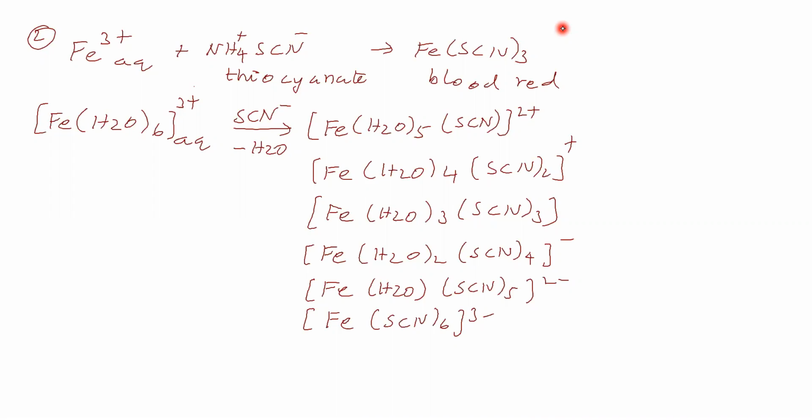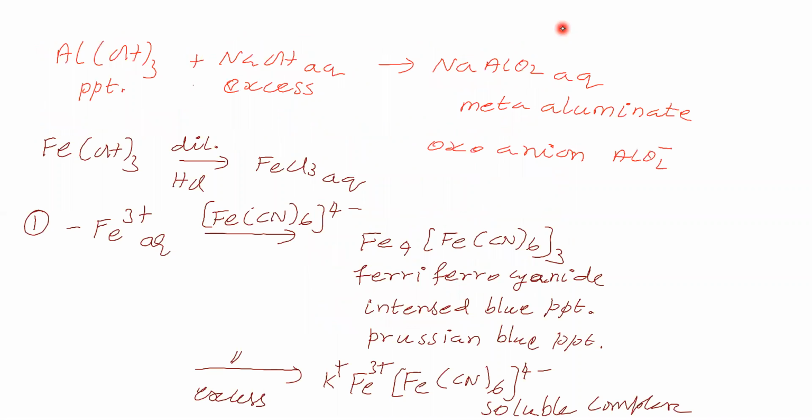Now we will go for the third test for ferric. In the first test, you added ferrocyanide to the ferric chloride solution; this [Fe(CN)6] 4 minus is called ferrocyanide. Now we will add ferricyanide.